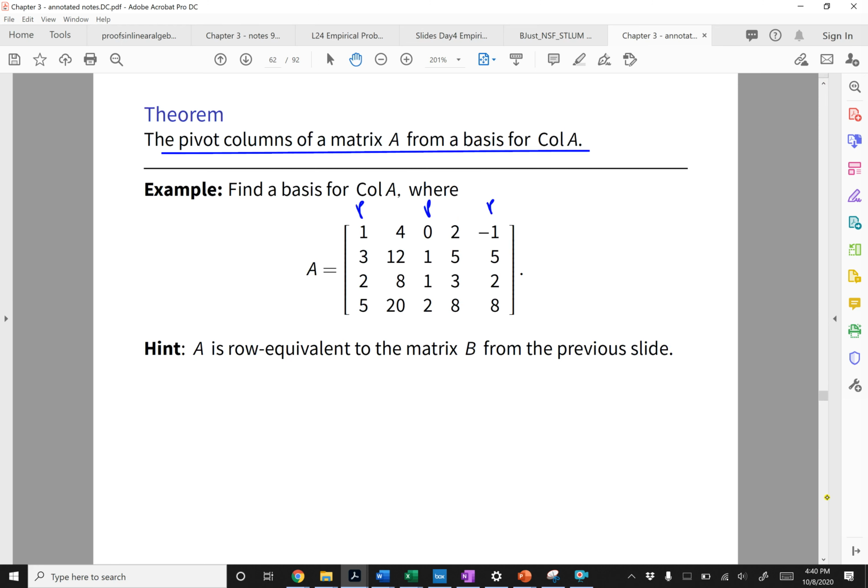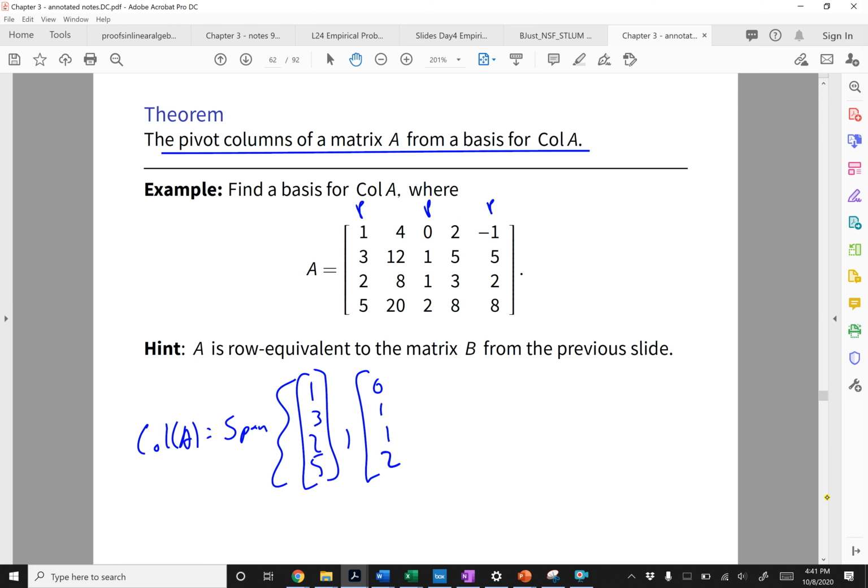And so a basis for the column space of A, well, the column space will be the span of (1, 3, 2, 5), (0, 1, 1, 2), and (-1, 5, 2, 8).